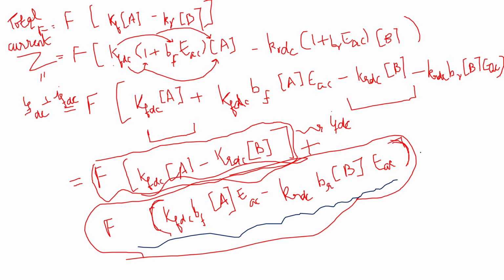So this one is equal to IAC. Now if you see, you have EAC in this one and this one. So I can take EAC out. Is this correct?